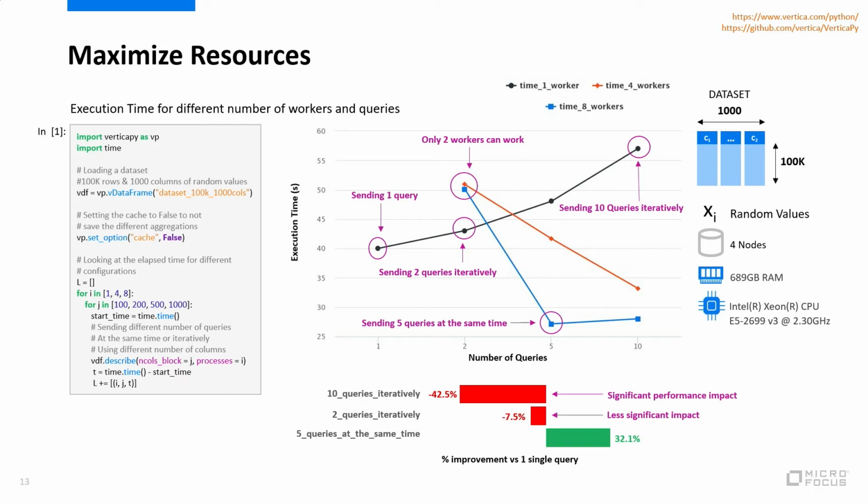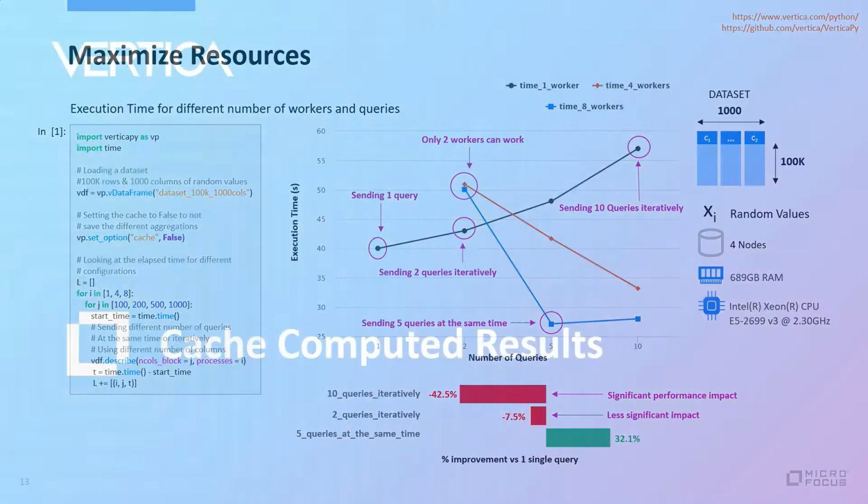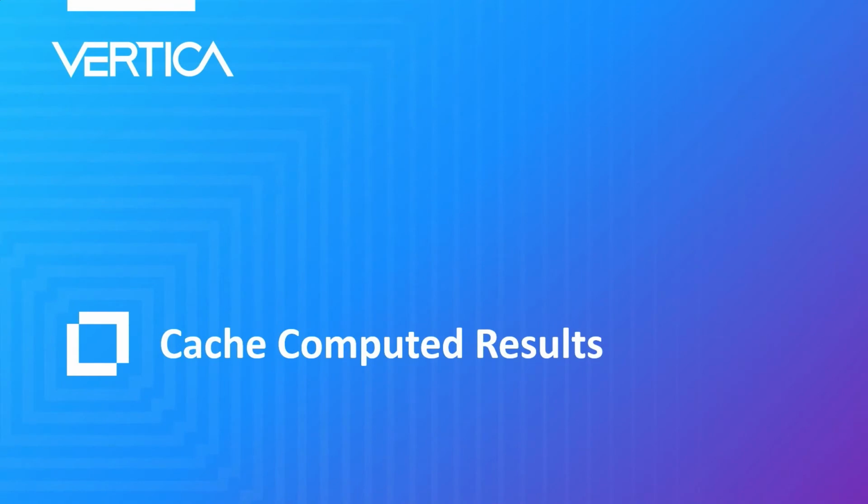Or maybe the query is small enough to just send one query to the cluster. So having all these techniques, just understand the pros and cons, and then you can even optimize this on the VerticaPy side, which is basically amazing, really.